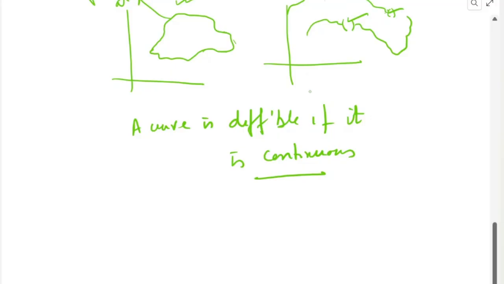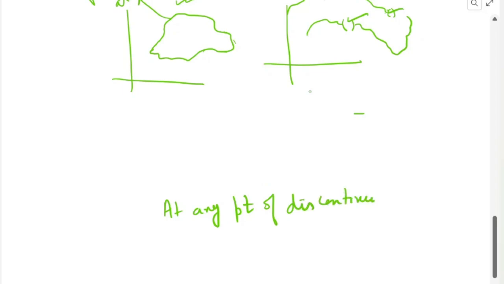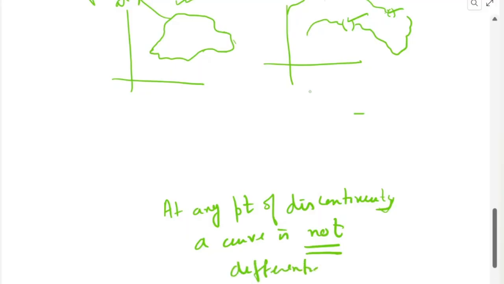But the thing is, at any point of discontinuity, let me write it like this for your memorization purpose. It is better to write like this: at any point of discontinuity, a curve is not differentiable. Please do remember this.